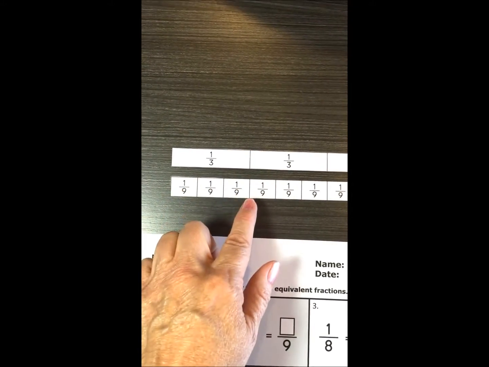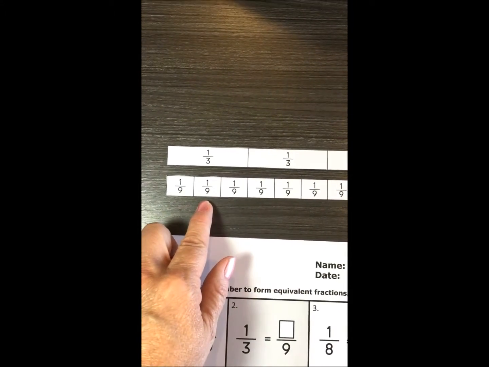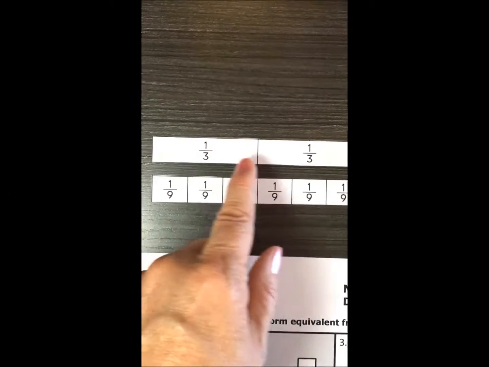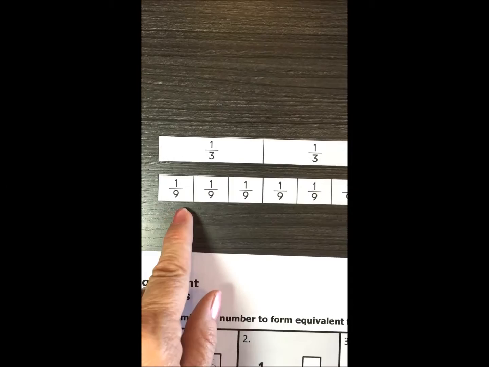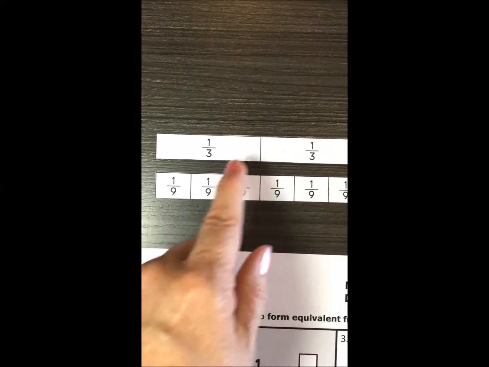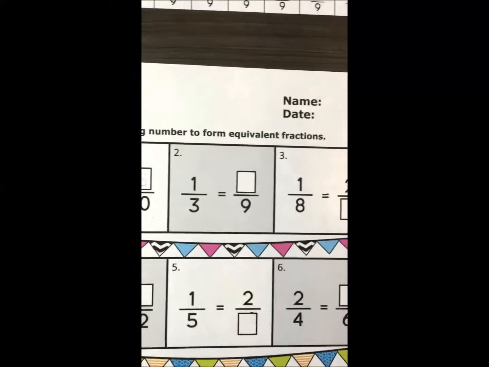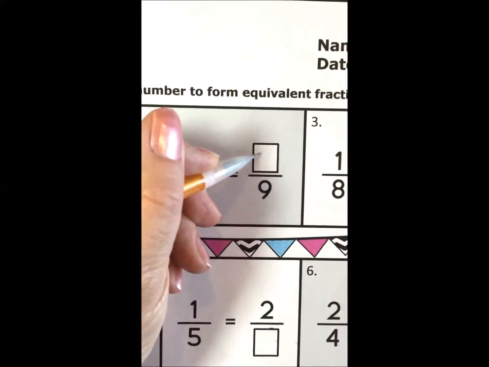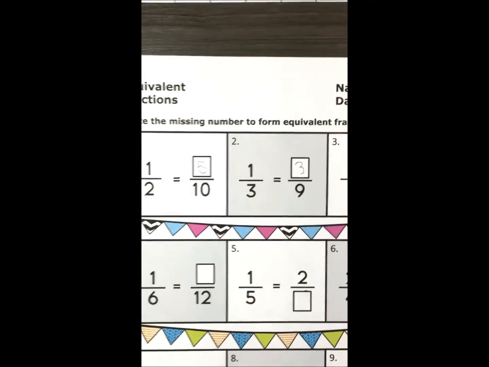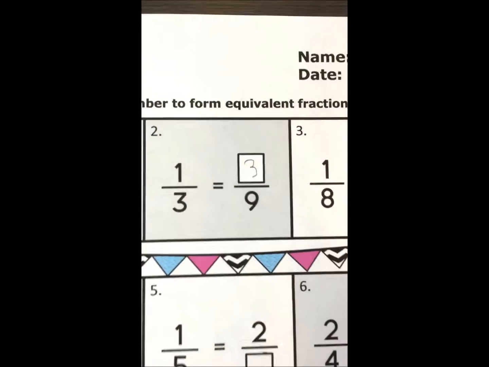So where is 1/3? 1, 2, 3. 1/3 is the same as 1, 2, 3 ninths. They're the same amount. Therefore, 1/3 equals 3 ninths. And we broke our pencil. 1/3 equals 3 ninths.